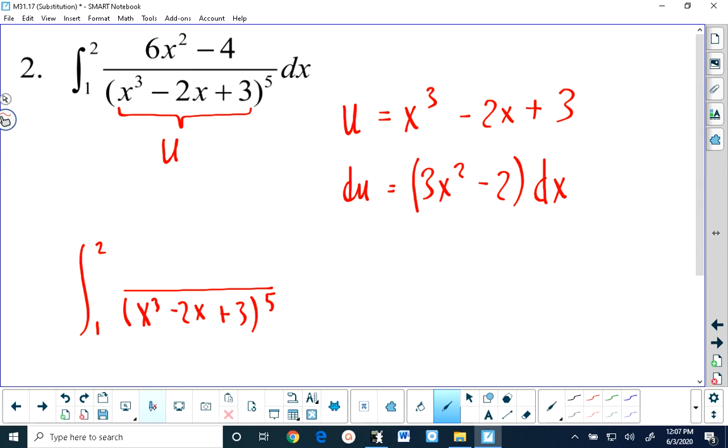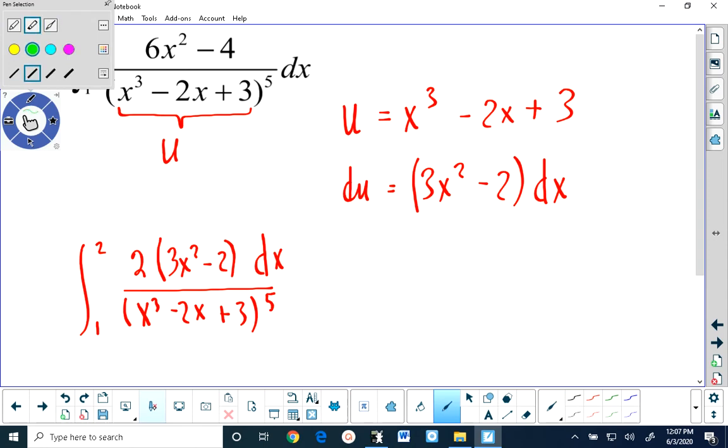And I notice that if I factor a 2 out of the top, I will have left 3x squared minus 2 dx. But 3x squared minus 2 dx is du. So this is the same as du.